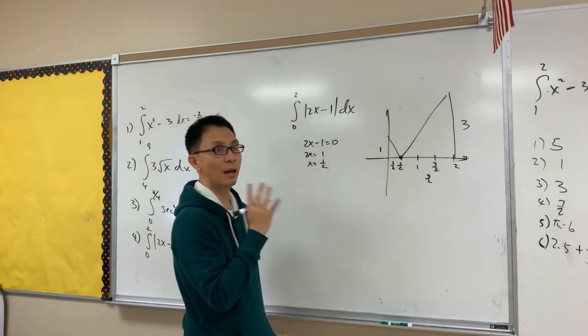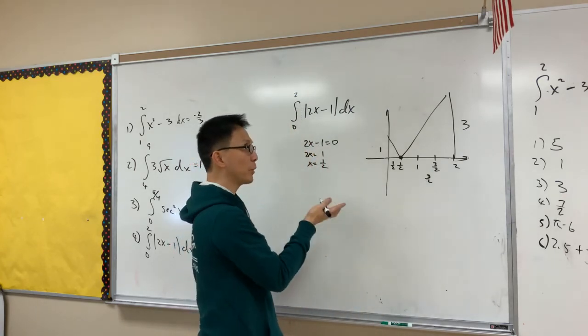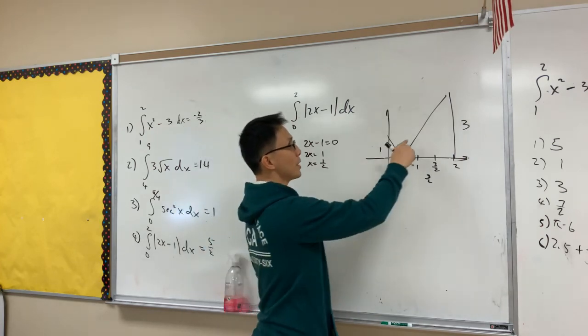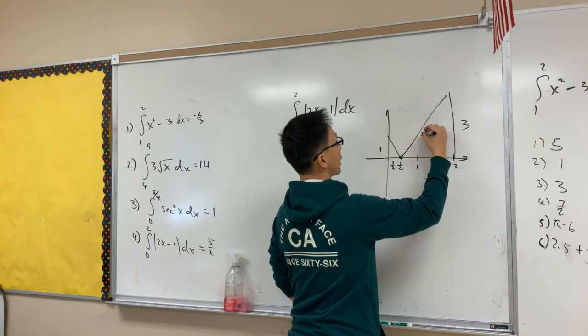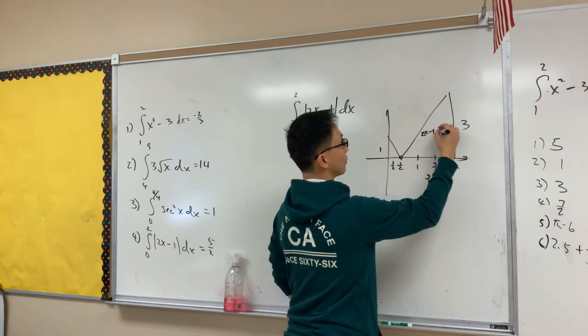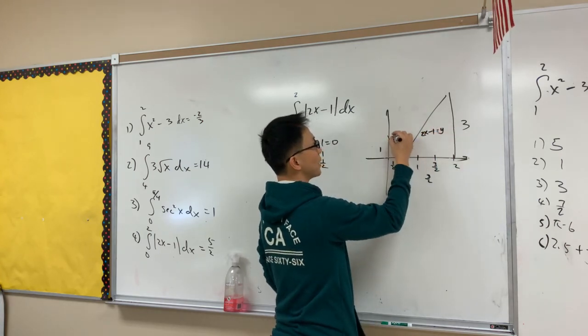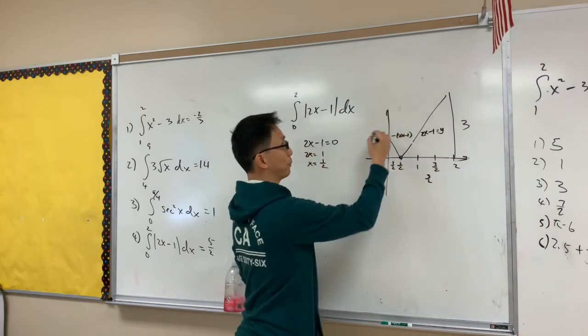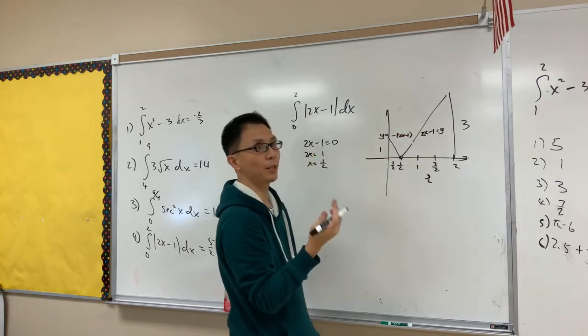However, this is not the only way I want to teach you. I want to teach you the algebraic way. The algebraic way is this part of the function is actually 2x minus 1. And this one is going to be the negative of 2x minus 1. We did this before a long time ago. It's a piecewise function.